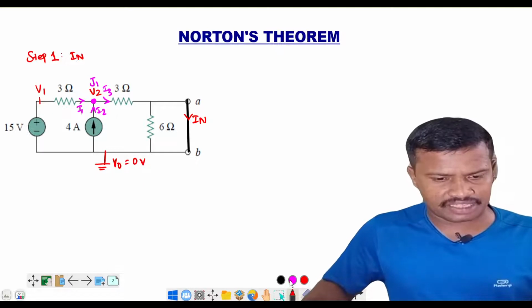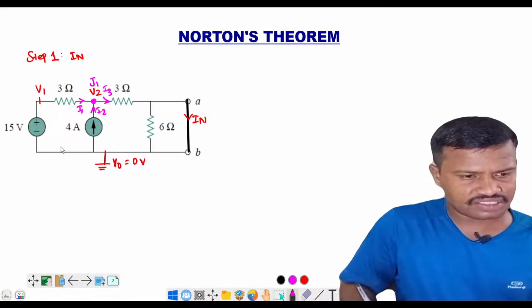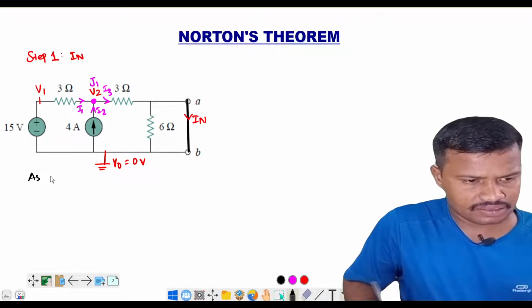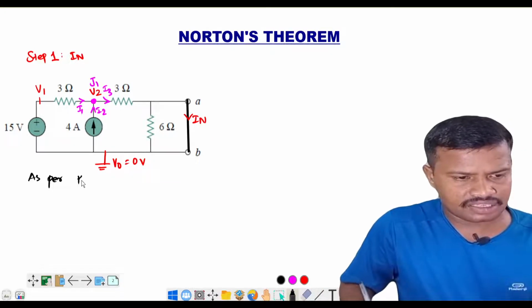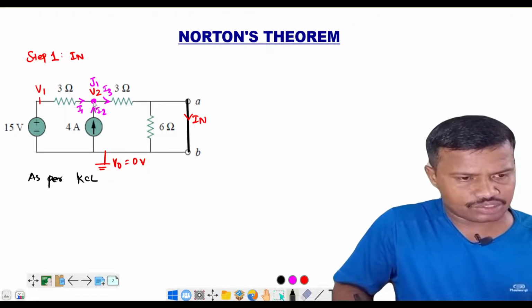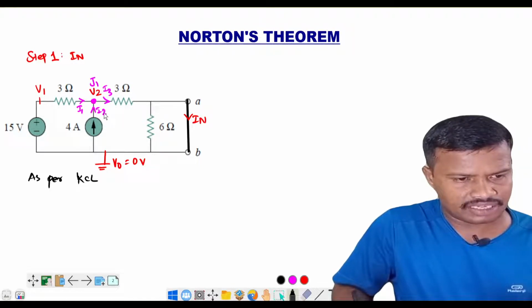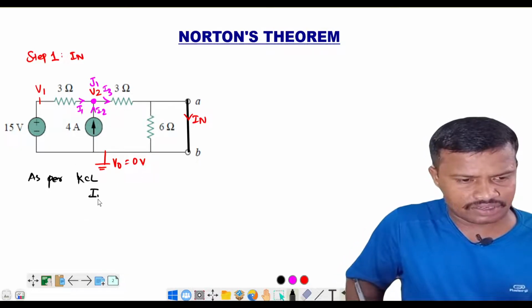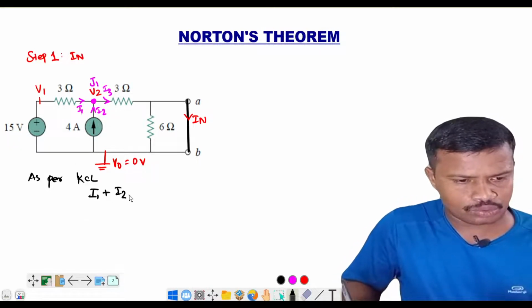Now we will apply the KCL first. As per KCL, the incoming currents to the junction are I1 and I2, and the outgoing current is I3. So we can write I1 plus I2 is equal to I3.